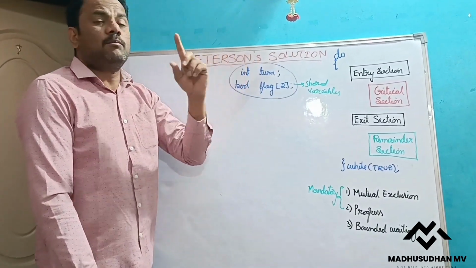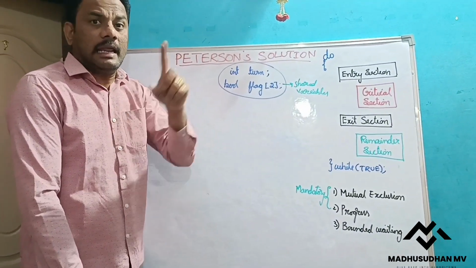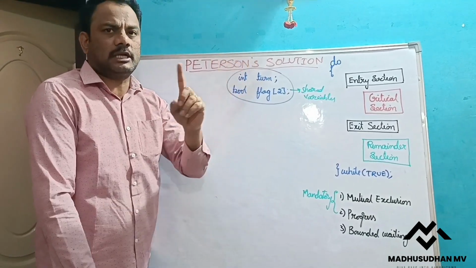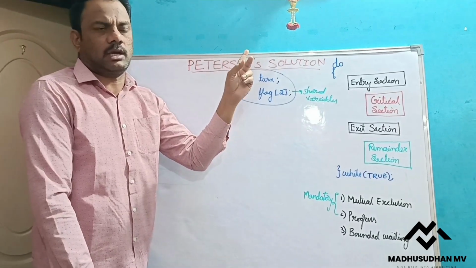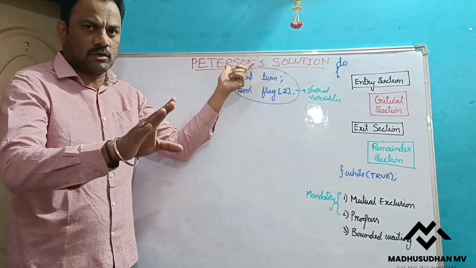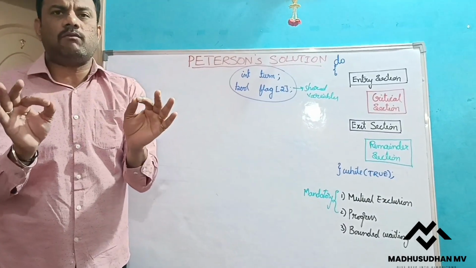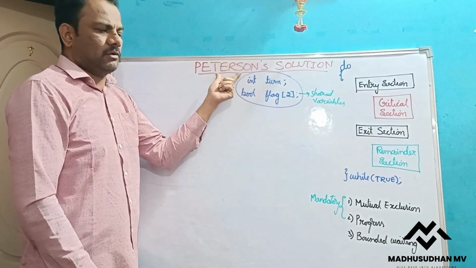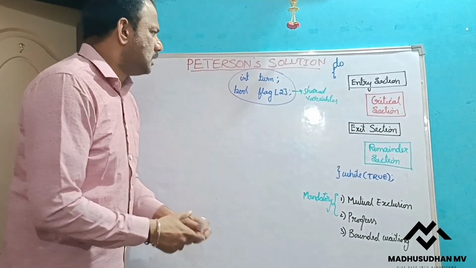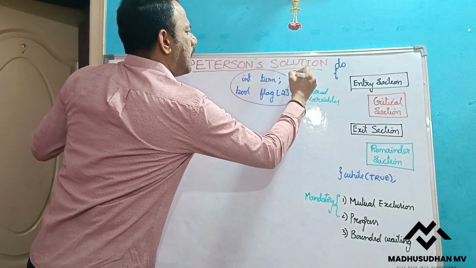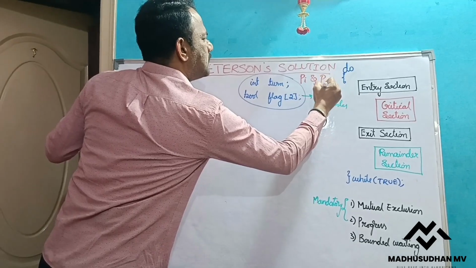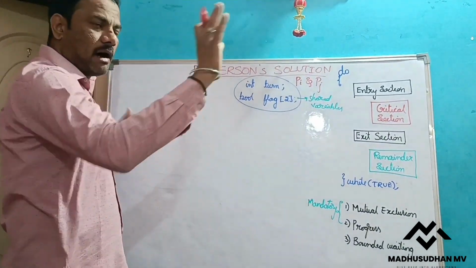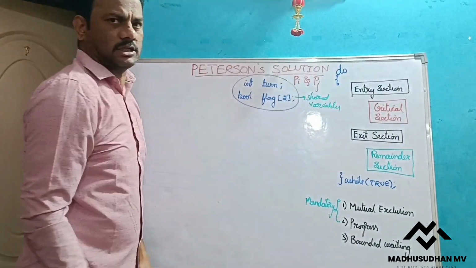If more than two processes are in the race, then this Peterson solution cannot be applied. That is a disadvantage. It's a software solution that can be applied only when two processes are in the race. So let us say the two processes are Pi and Pj. That means the ith process and the jth process are in the race to enter into the critical section.